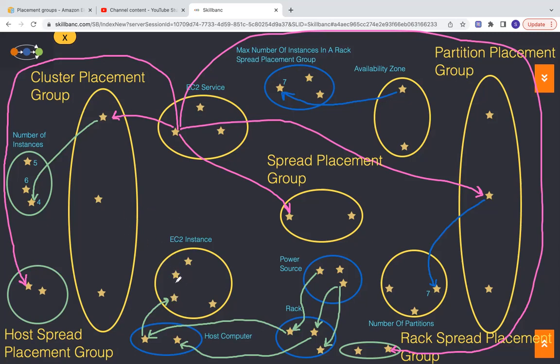So it may not launch because you said cluster placement group. Suppose you want 4 instances, you launch all of them together. And then if one of them goes away, because they are sharing these computers, the capacity may be there, may not be there where that previous instance was running. So if it is not available, then you get a capacity error.